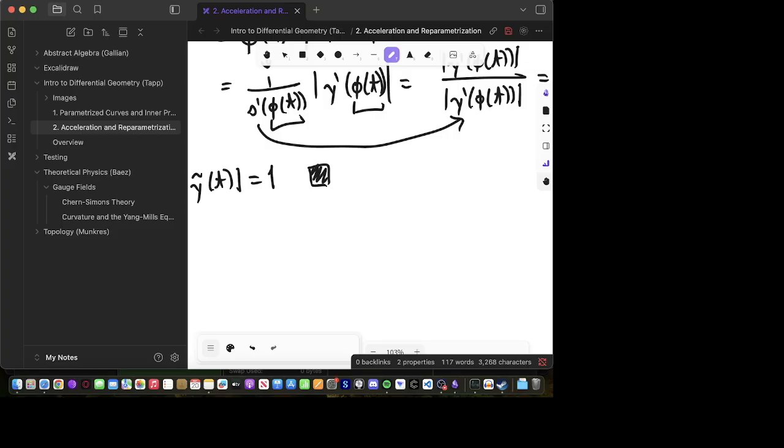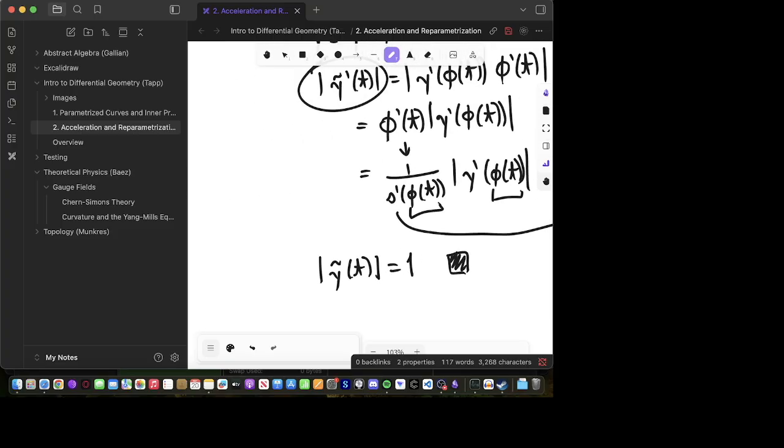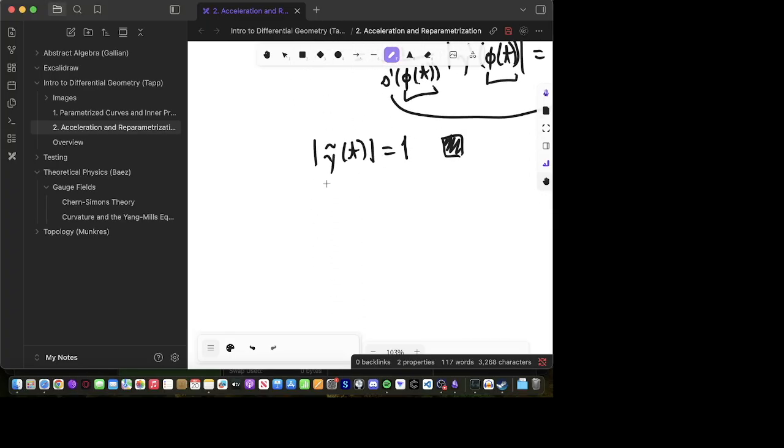Now, let's take a look at some examples of curves.